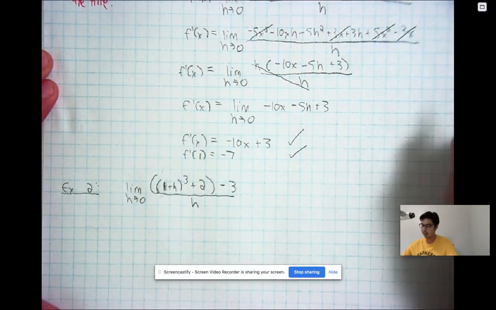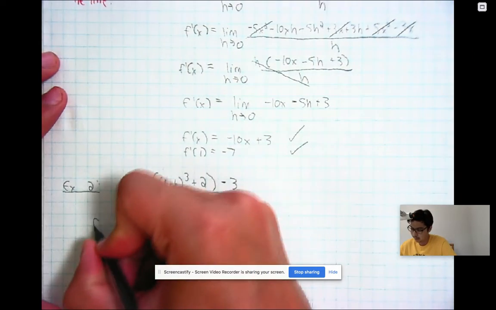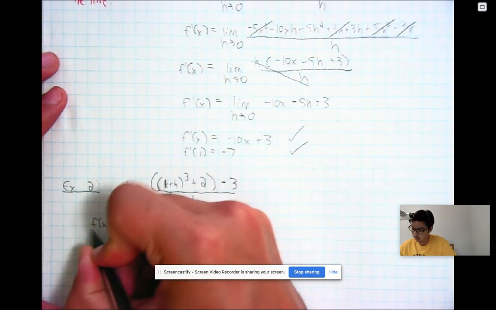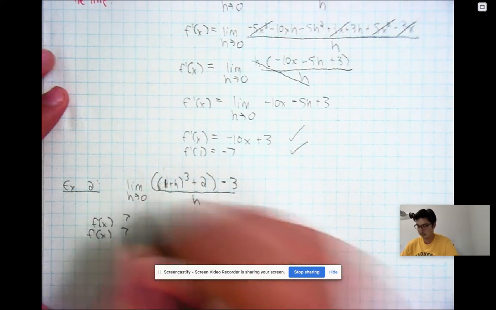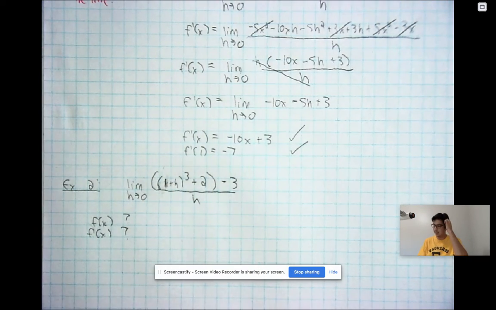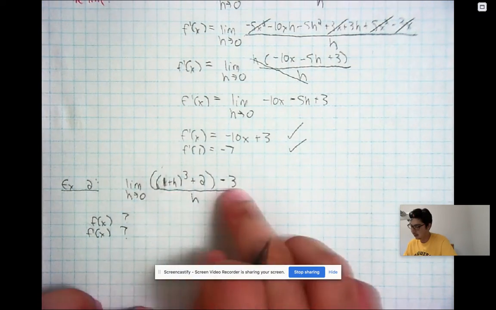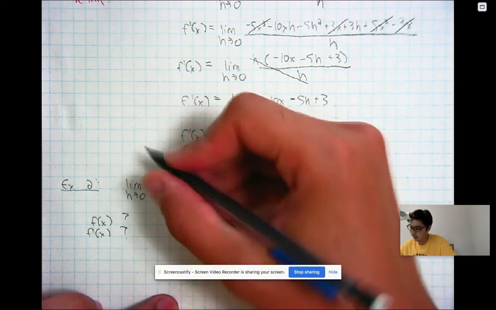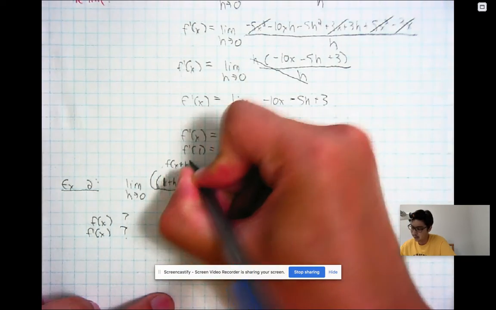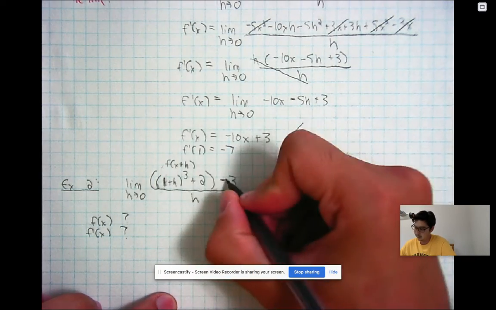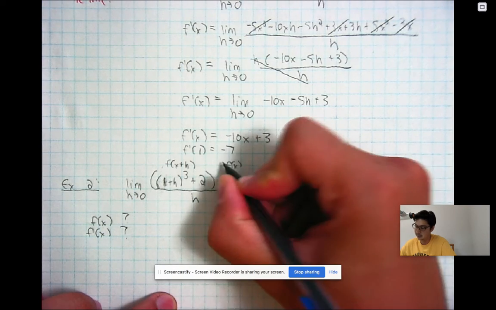So if you see that, the question is, what's f of x and what's f prime of x? Looking at this, I can see the definition, where that 1 plus h to the third plus 2 is going to have to be the f of x plus h, and this right here will have to be the f of x that they're minusing.